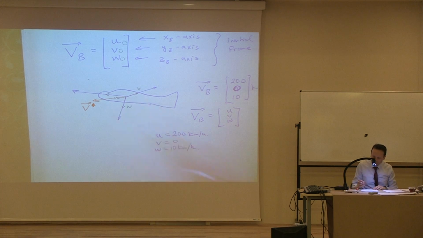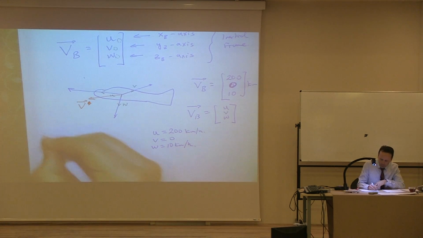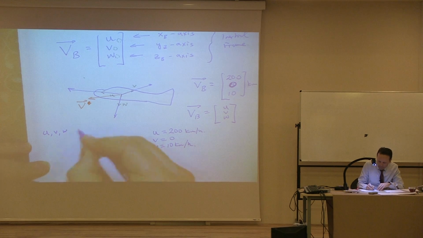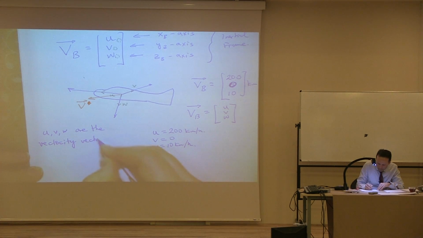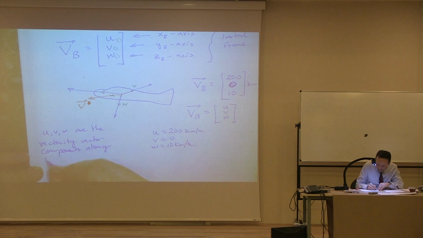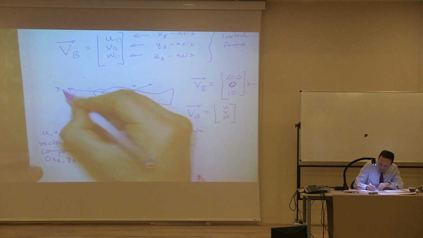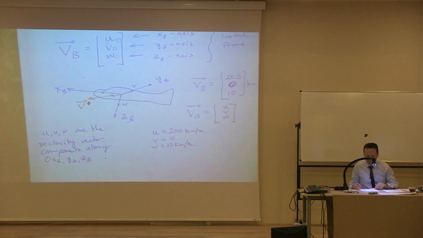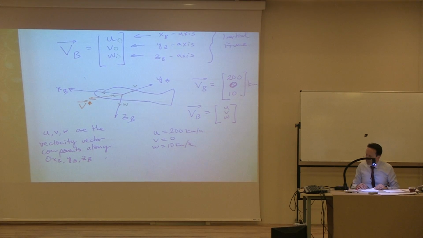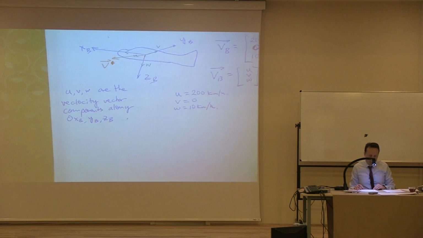So when I talk about u, v, and w, u, v, and w are the velocity vector components along x body, y body, and z body. So this is x body, this is y body, and this is z body. Okay? And if I don't write anything on top, immediately it is meant to be the inertial one.